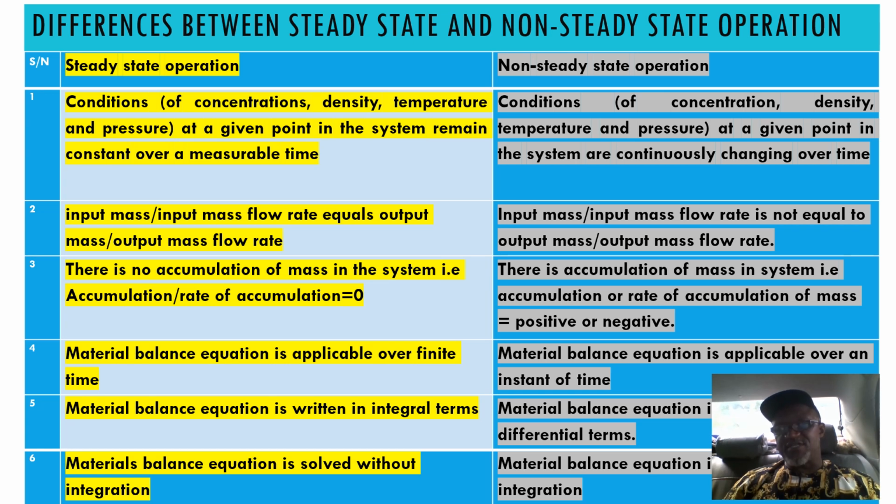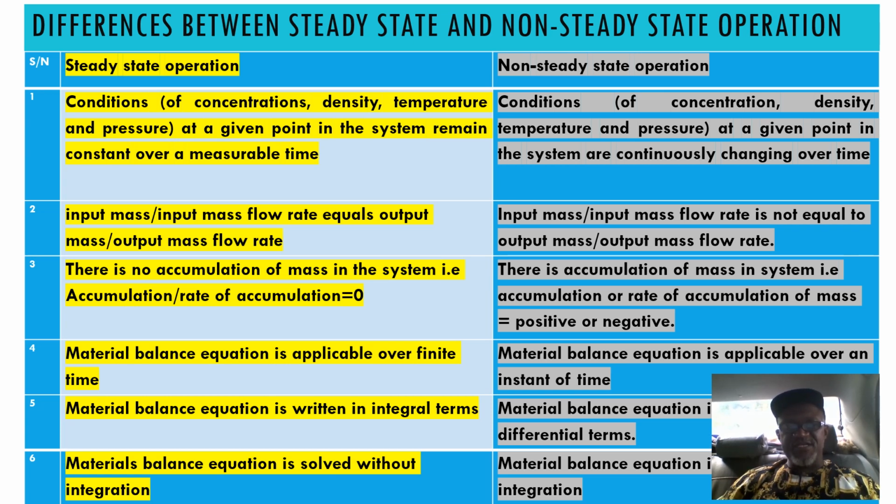But for non-steady state, these conditions will continuously be changing over time. Input mass or input mass flow rate equals output mass or output mass flow rate. That is garbage in, garbage out. Input is equal to output. But for non-steady state, input is not equal to output.